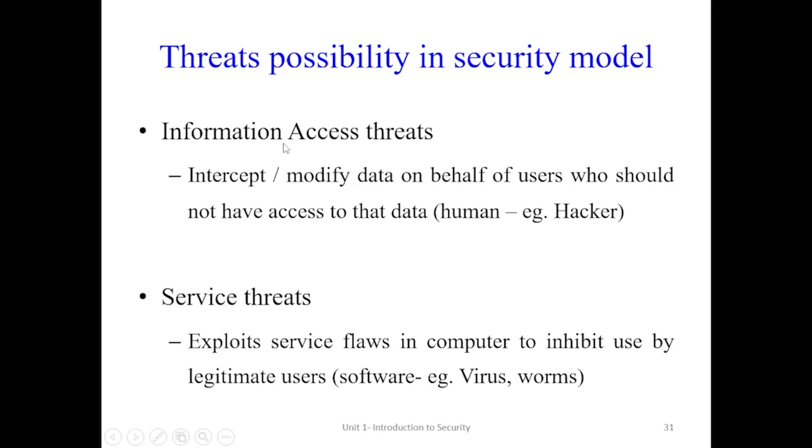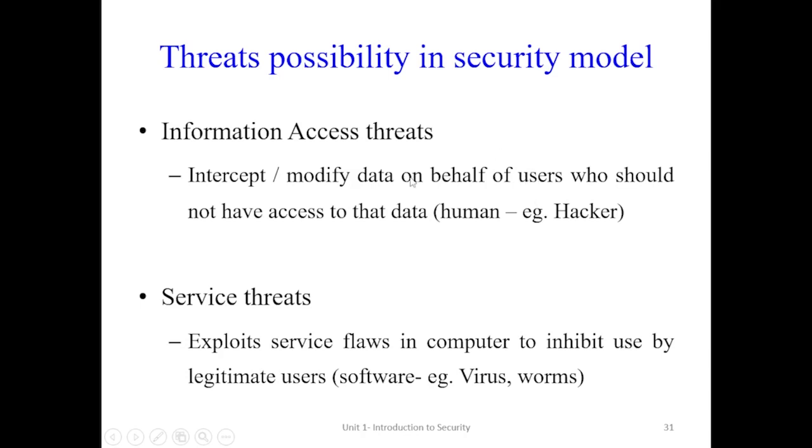So there may be the possibility of 2 types of threats. The first one is the information access threat. What is the basic concept of an information access threat? It means there is an interception or modification of secret data by an unauthorized user.